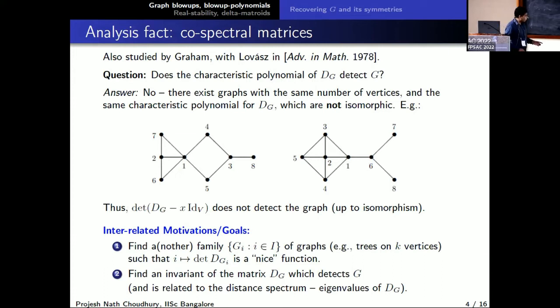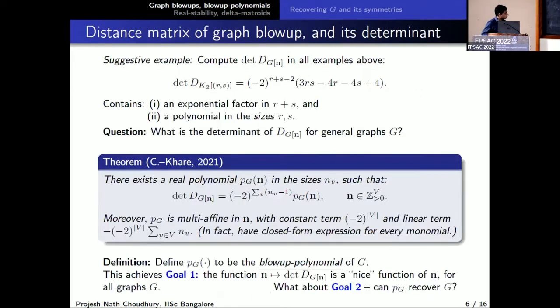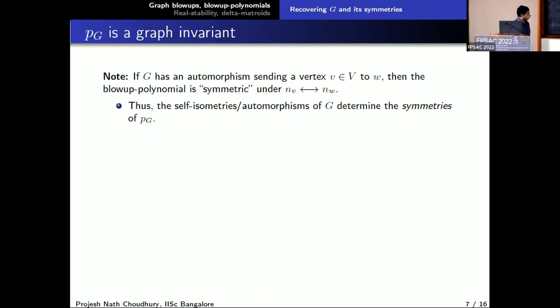Similarly, 3 and 4 and 4 and 5. So if G has an automorphism sending a vertex v to w, then my blowup polynomial is symmetric under this operation. Thus, we can conclude that the automorphisms of G determine symmetries of P_G.